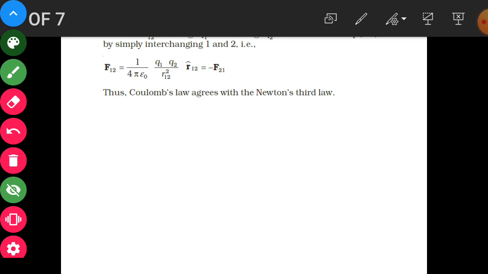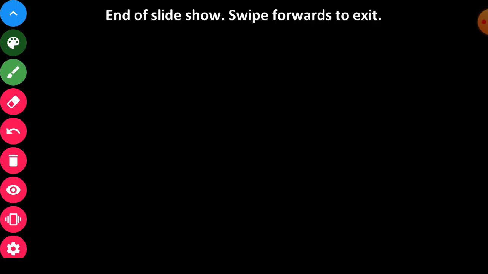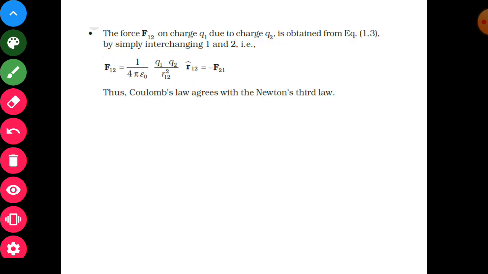Force on 2 by 1 is equal to negative of force on 1 by 2. So Coulomb's law agrees with Newton's third law, that is, forces come in pairs: one is the action, and the other is the reactive force.